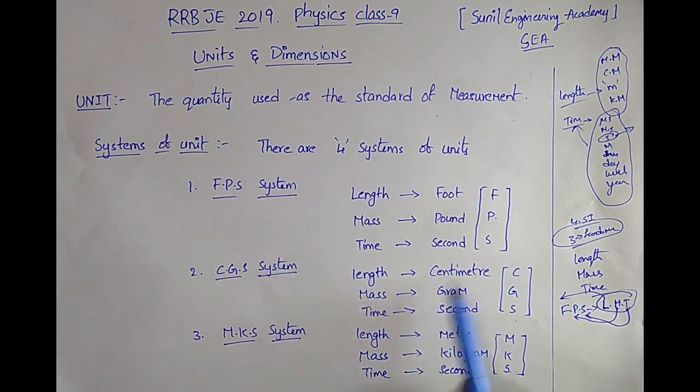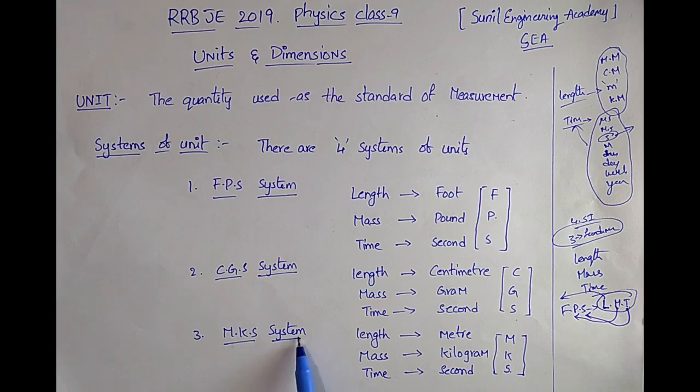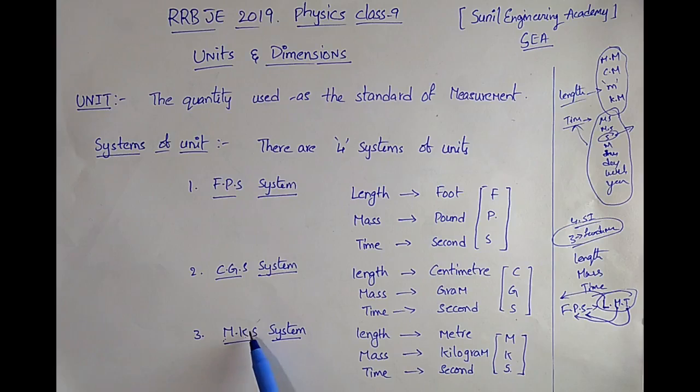The next system is the MKS system. In this, the three fundamental quantities are measured in meter, kilogram and second. For length it is the meter, for mass it is the kilogram, for time it is the second, MKS.